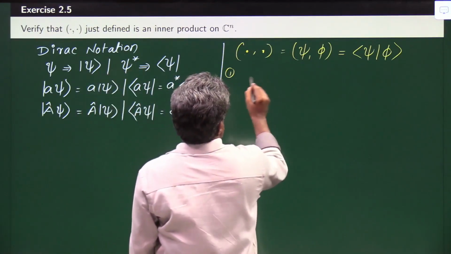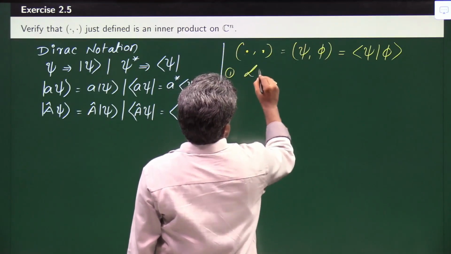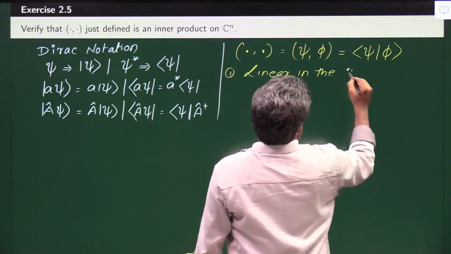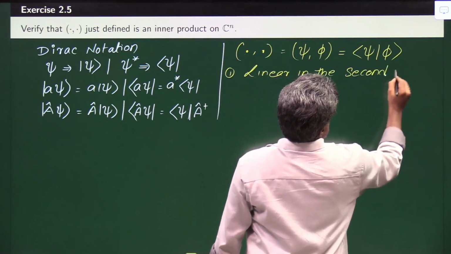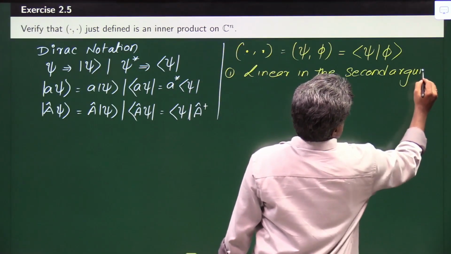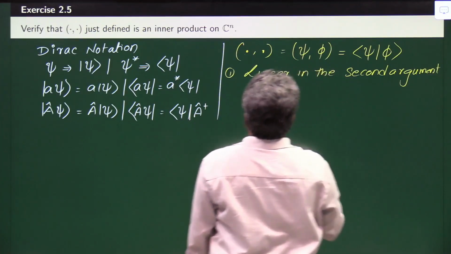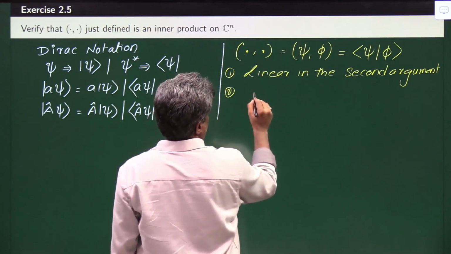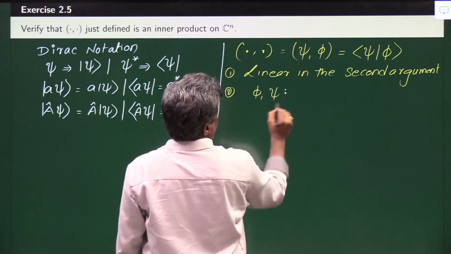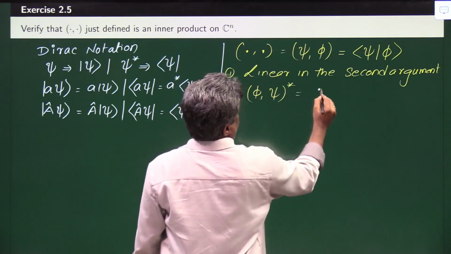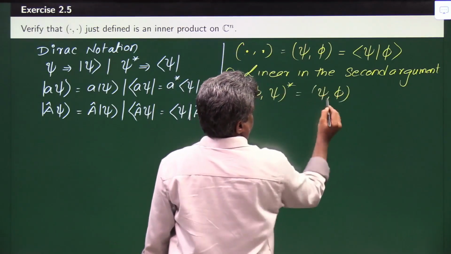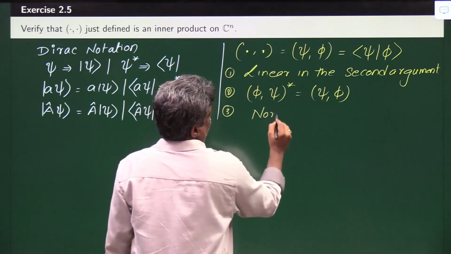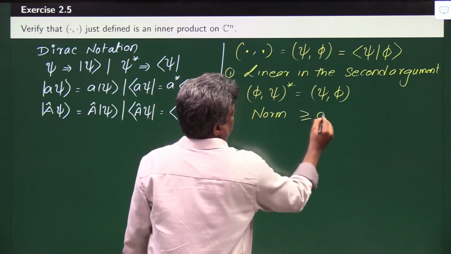Once again, the first one is linear in the second argument. And the second one, here we have to show the complex conjugate. For example, we have phi psi, its complex conjugate is nothing but psi phi. And the third one, the norm is always greater than or equal to 0.